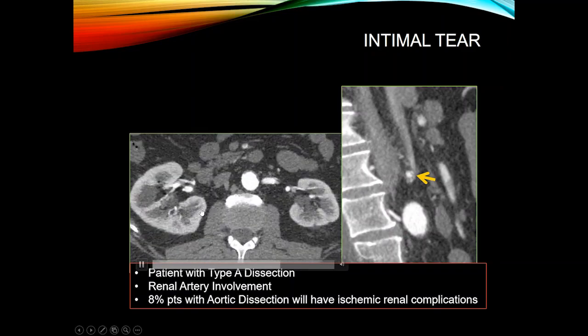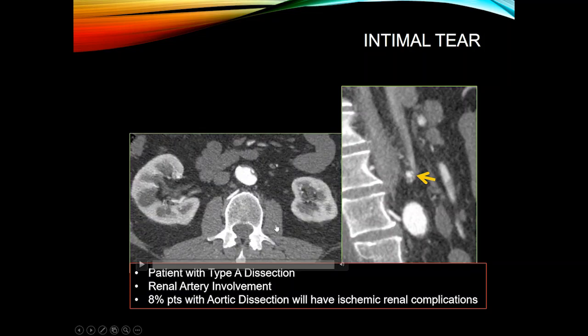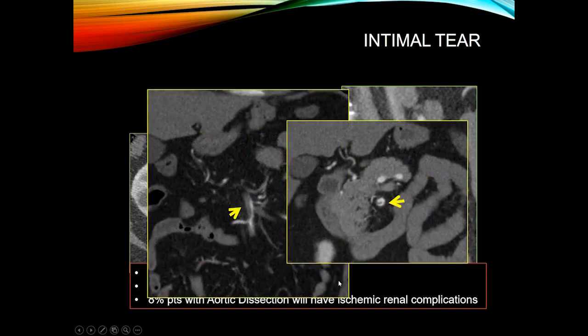In this case, you don't really see asymmetry in enhancement, fortunately, but 8% of patients with aortic dissections will also have ischemic renal complications. So again, remember to look at the intimal flap and whether it affects branch vessels as well.